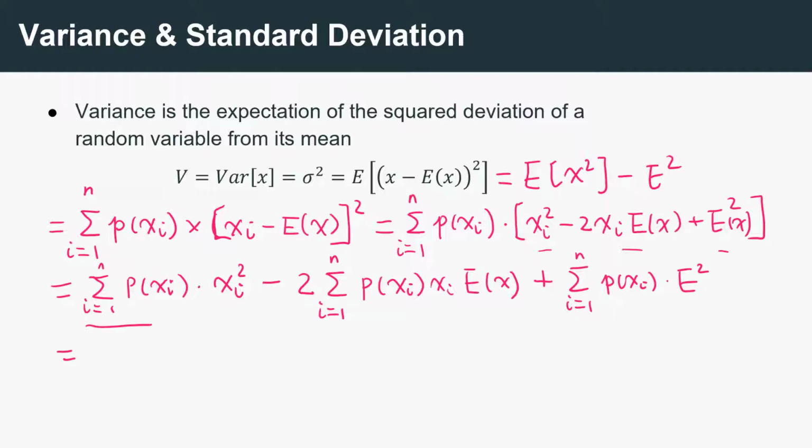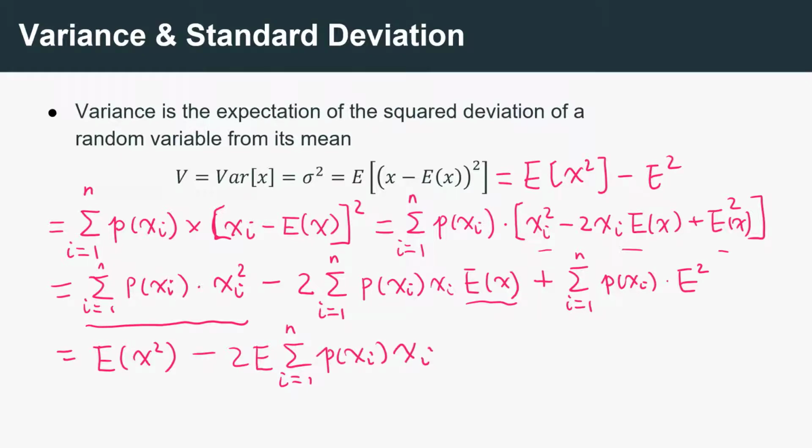By the definition of expectation, the first term is the expectation of x squared. In the second term, E is a constant, so it can be moved to the left, outside of the summation. So it's 2E times the summation of p(xi) times xi.